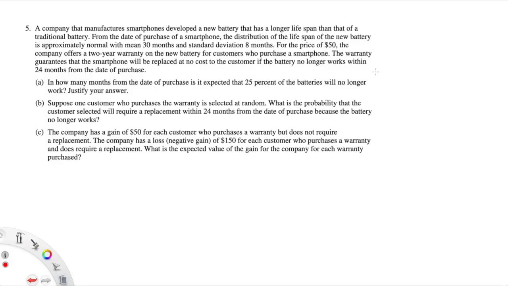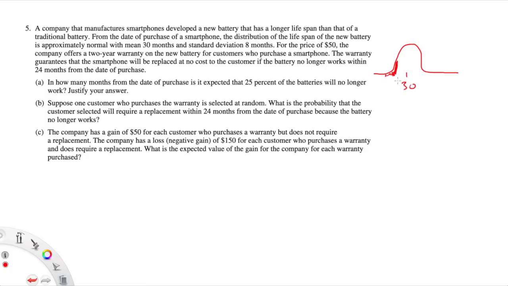In this problem we have a normal distribution, there's my little bell curve. We've got a mean of 30 and a standard deviation of 8 months. They're asking, what does the left 25% look like?